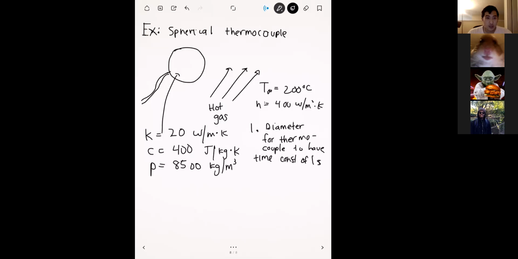We want to design the thermocouple so that we can pick up these fluctuations in temperature. In other words, we want the temperature of the thermocouple to react within 1 second to changes in the environment.